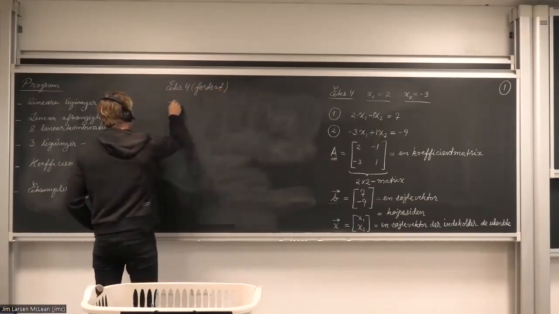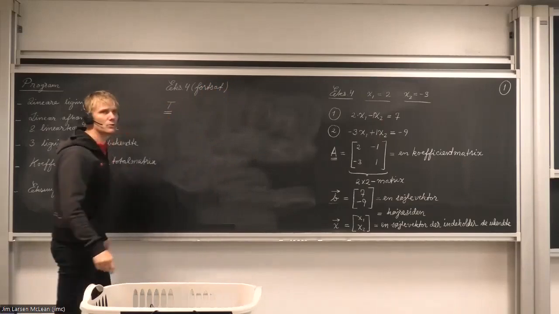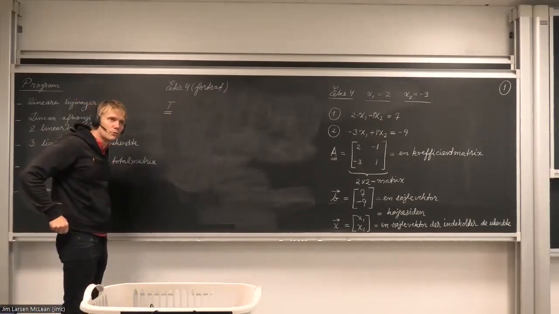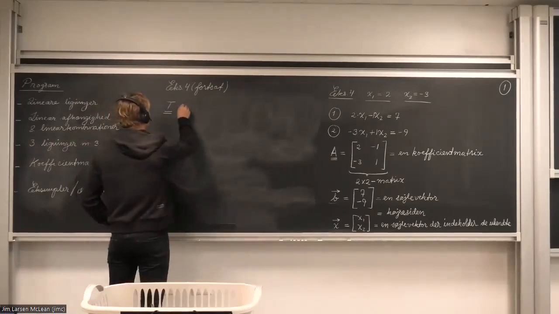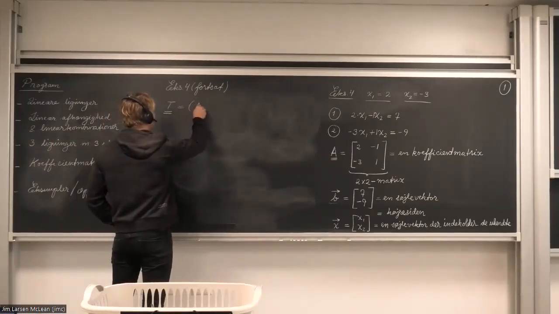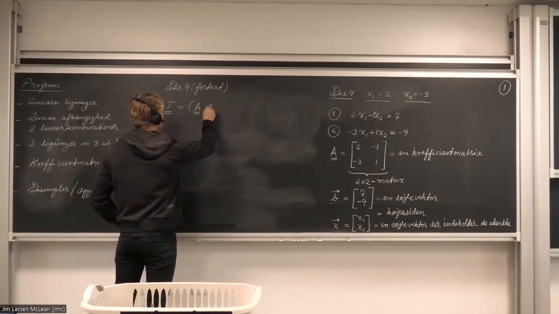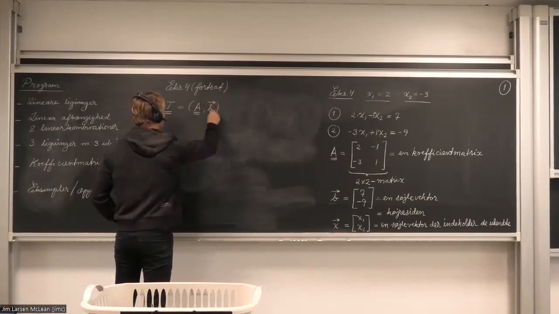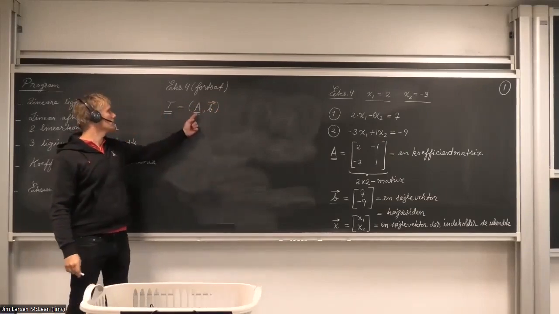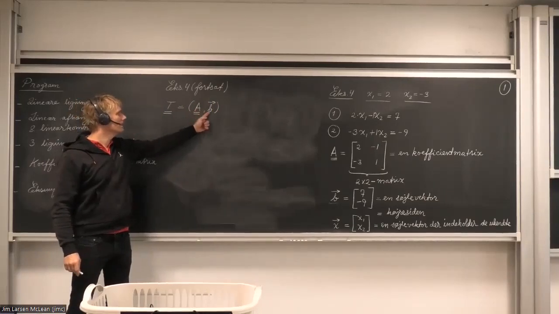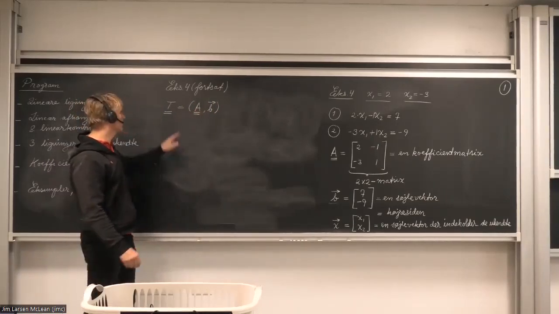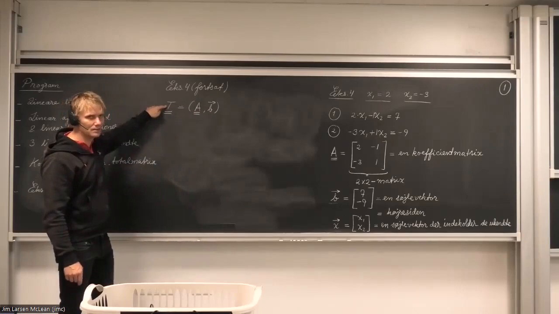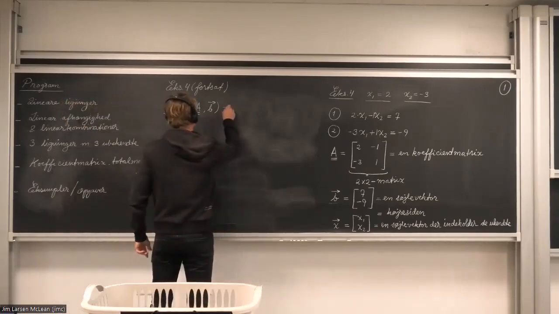And now we introduce the concept of the total matrix, and you write a big T to abbreviate the word total. And then you simply merge the coefficient matrix A with the right side B. So what it says here is to imagine merging the coefficient matrix A with the right side B. The resulting matrix is called the total matrix of the system of equations.